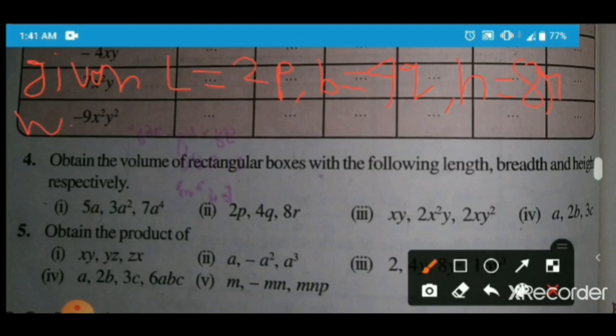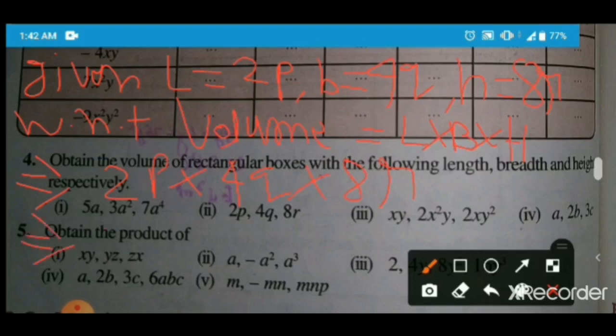We know that volume of rectangular box is equal to L into B into H. It shows that it is 2p multiplied by 4q multiplied by 8r.